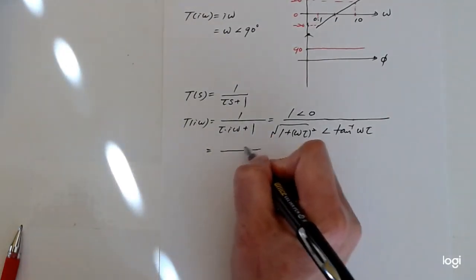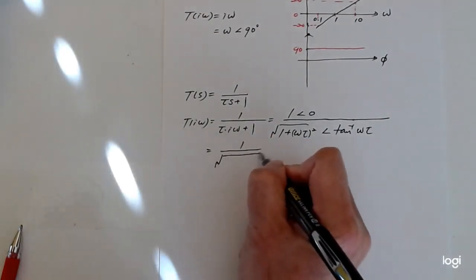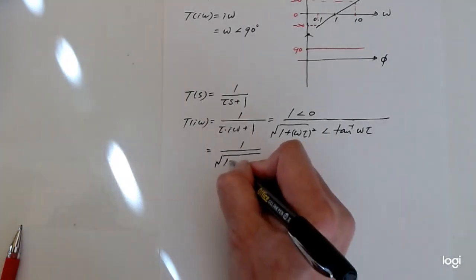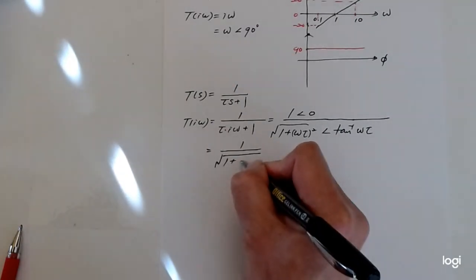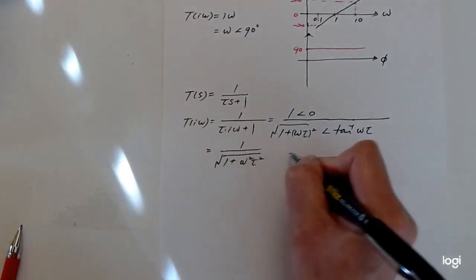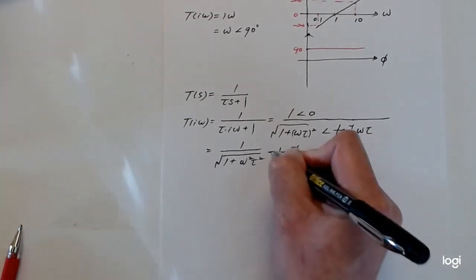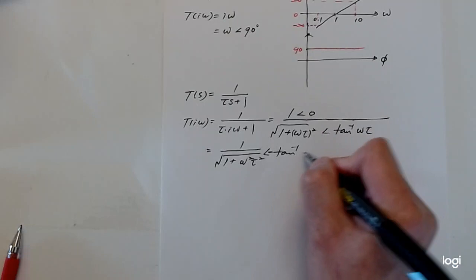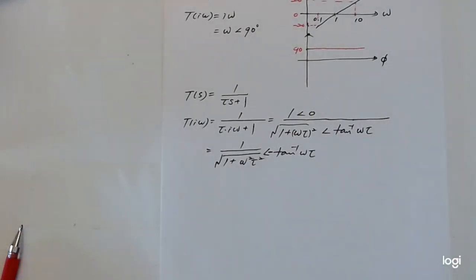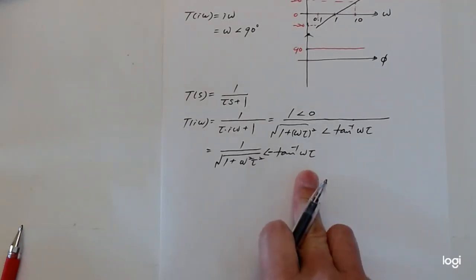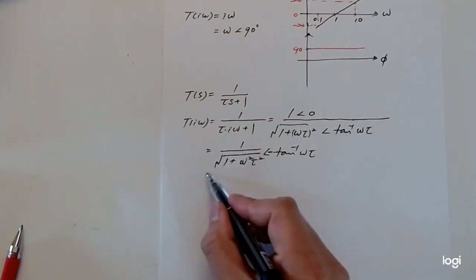So we get the one we have earlier: 1 over the square root of 1 plus omega squared tau squared, with phase arctangent of minus omega tau. So that's this.